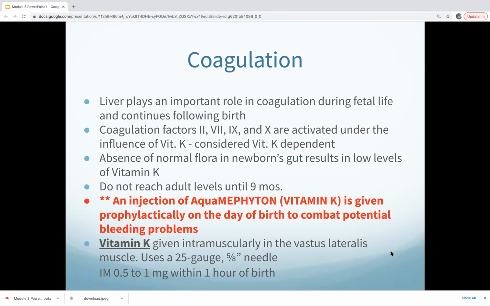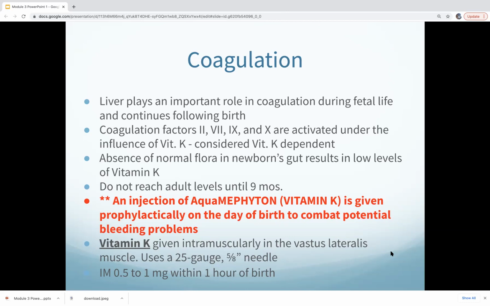Some parents will want to give that oral vitamin K. Although some hospitals just won't even give it because it's not even effective, because the babies don't have that normal flora in their gut to be able to activate that vitamin K orally through the GI tract. And they don't reach the full coagulation factors until about 9 months old.